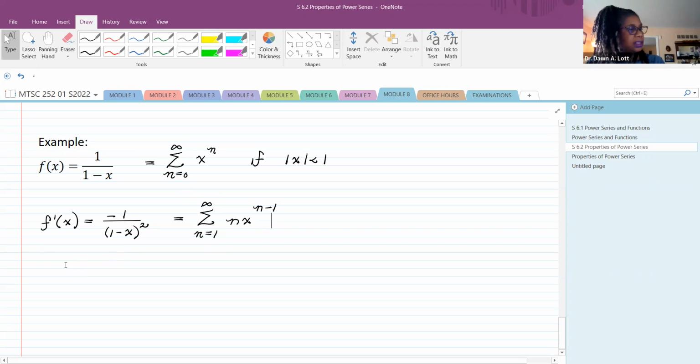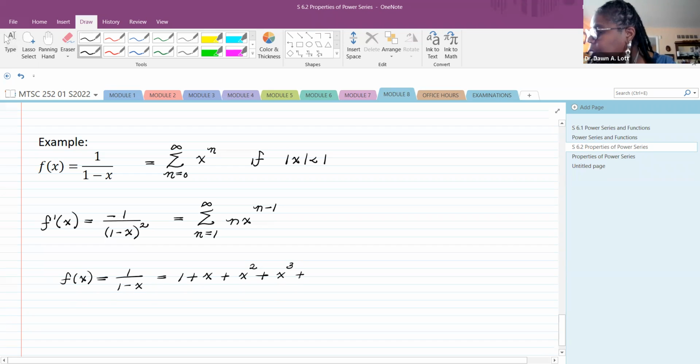So basically that says then we already know that f of x equal to 1 over 1 minus x is 1 plus x plus x squared plus x cubed plus x to the 4th plus dot, dot, dot. So that's the first one.